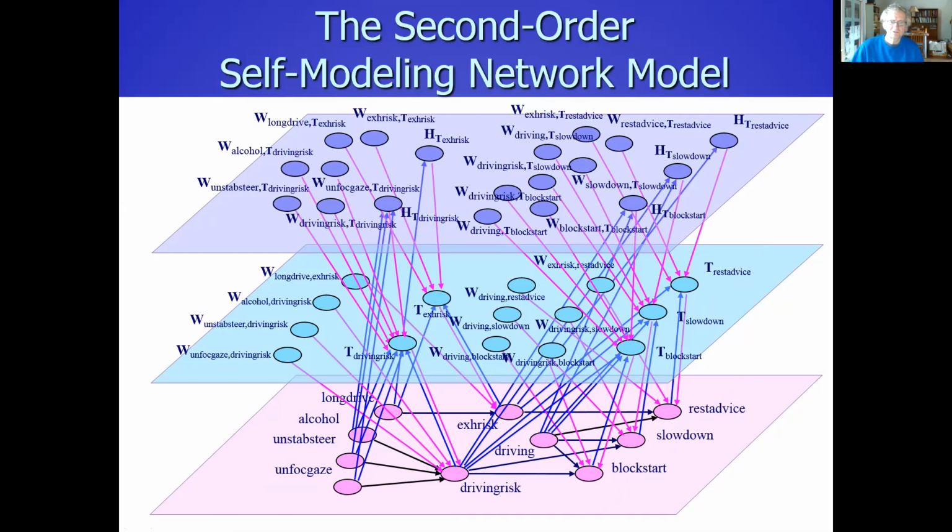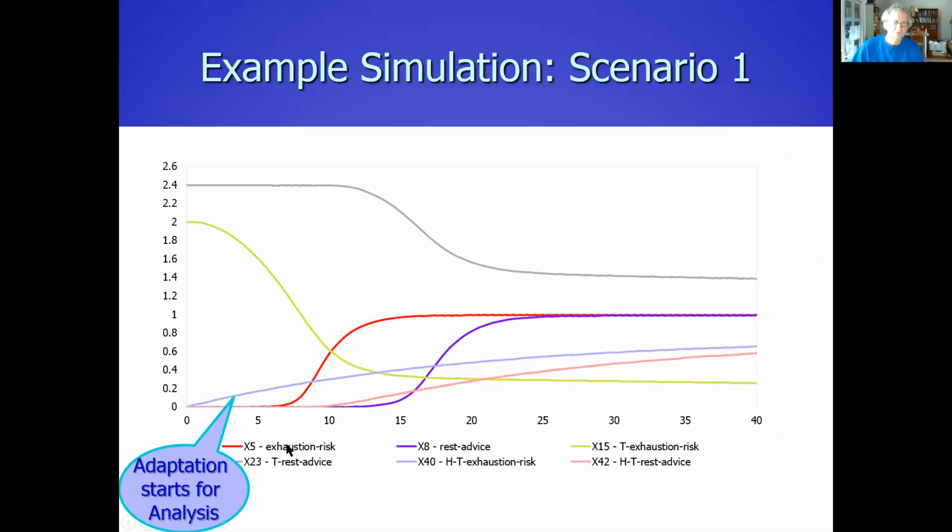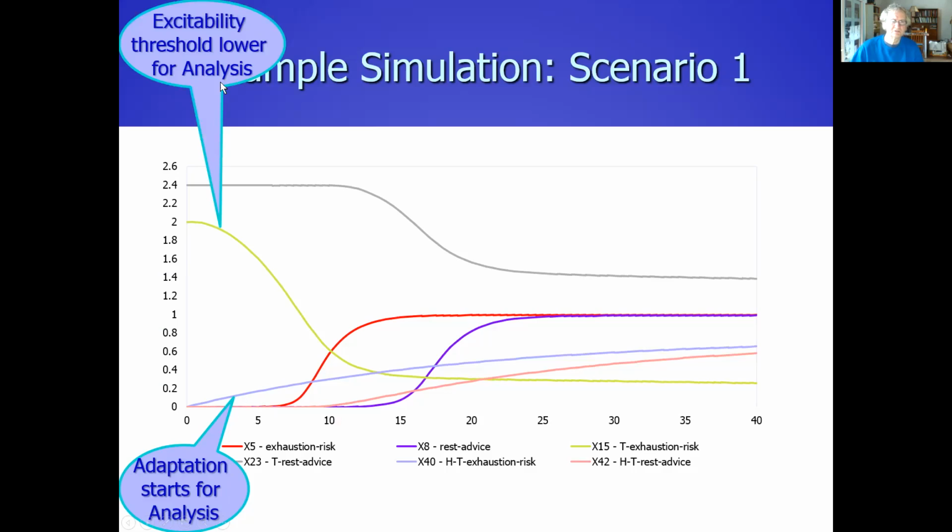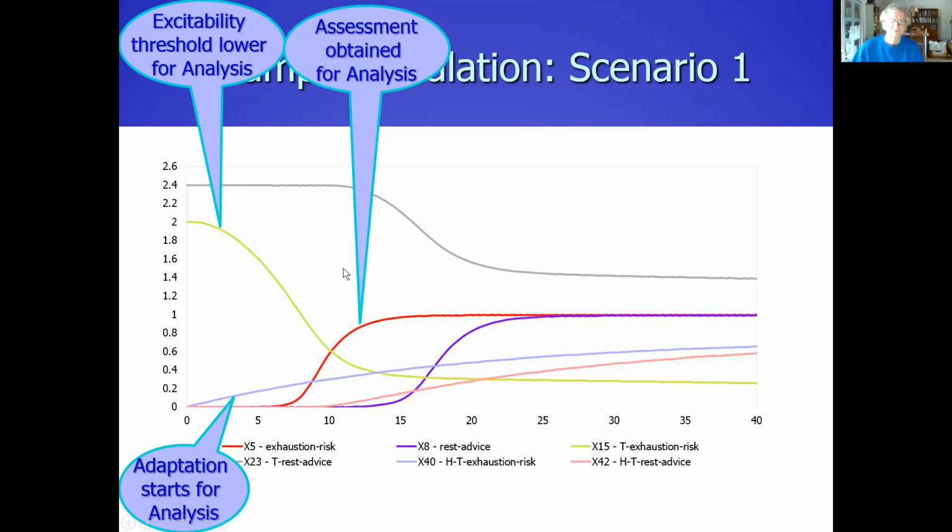So let's see what it can do. Suppose you run it in a certain scenario. This is a scenario where adaptation is starting now because there is some stimulus of the monitoring data that's coming in. Because of that, there is an excitability threshold adaptation, so that the adaptation speed becomes higher, and then because of that, there's a good option to do the assessment so that it runs successfully.